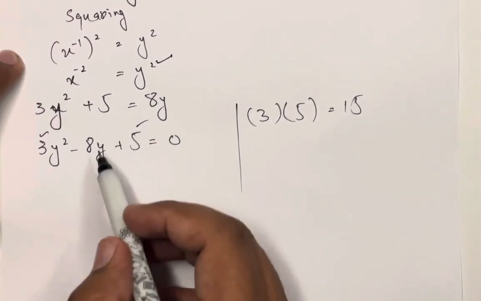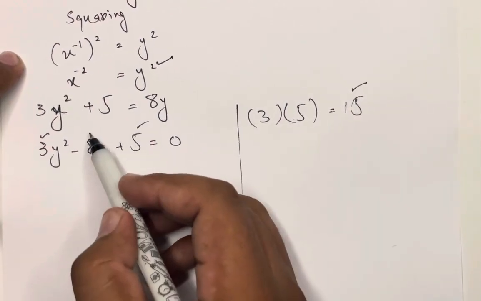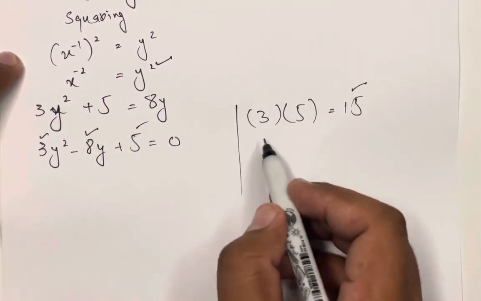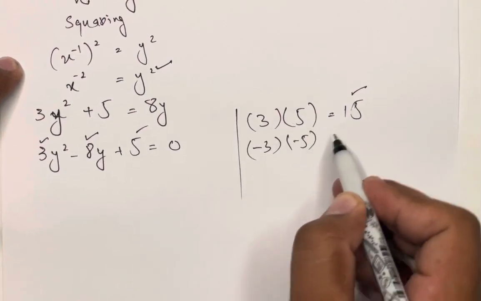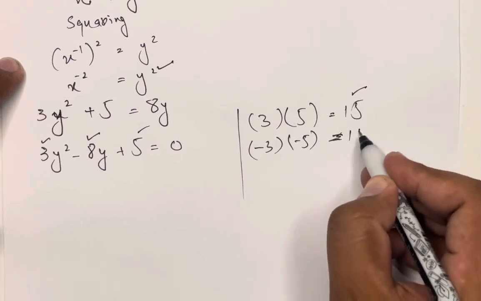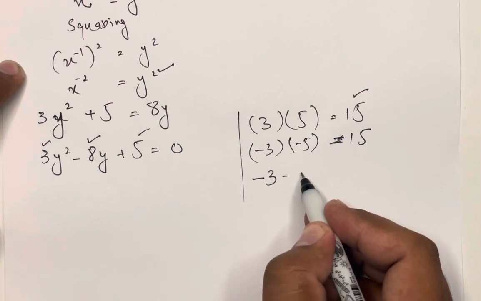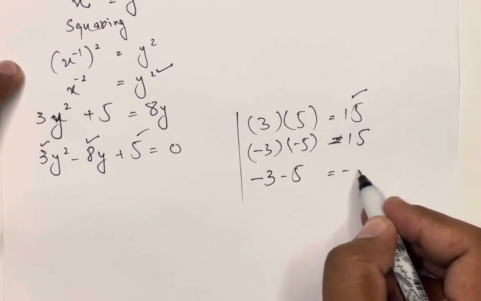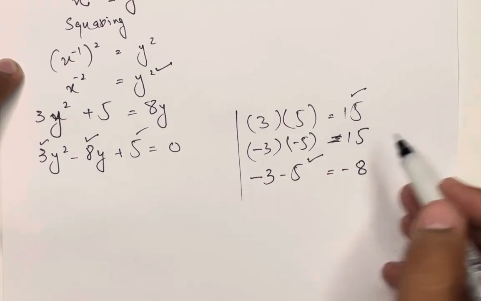Now I need two numbers whose product is 15 and whose sum is minus 8. So the right numbers are minus 3 and minus 5, because 3 times 5 is 15, and when I add minus 3 and minus 5, I get minus 8.